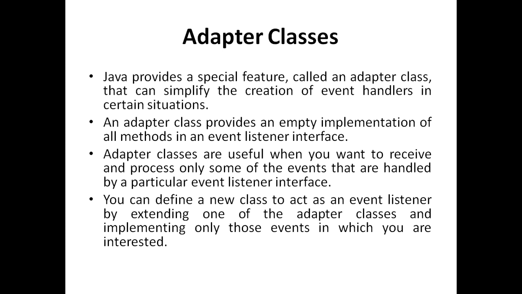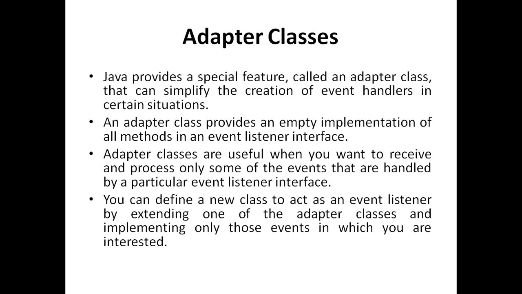So when you implement these interfaces inside an applet, you have to provide a body for each and every method available in that interface. But there are certain situations where I don't want to override all the methods. Only a few of them which are necessary in that situation, only those I need to provide a body for.